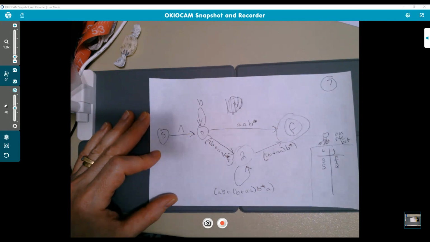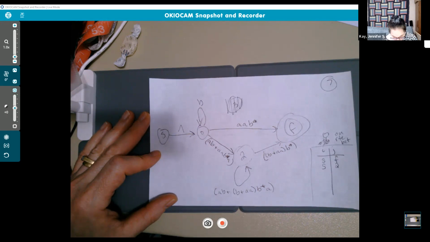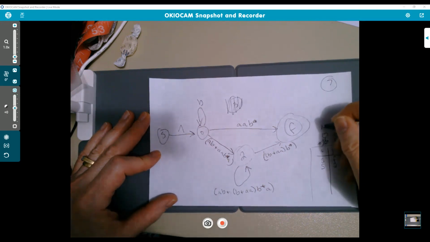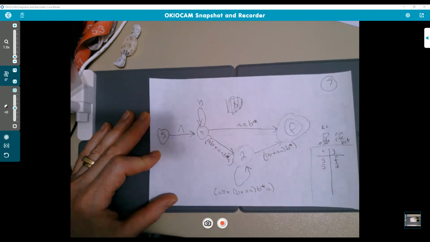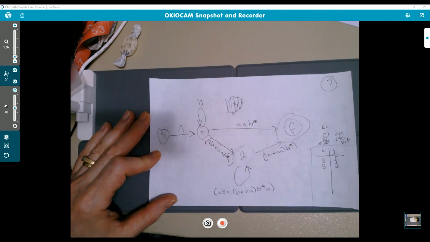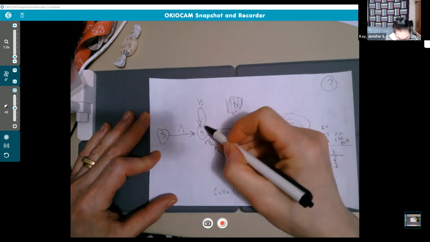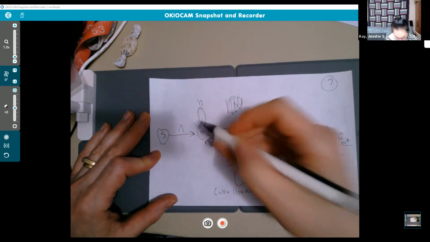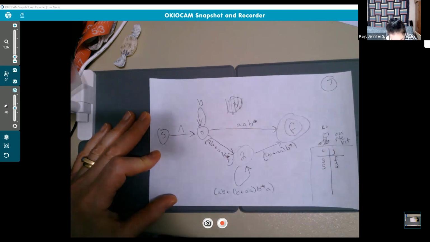Would there be more from here? Well, are there any more inputs to 0? Oh, B. That's not an input, it's 0 to 0, right? Inputs, like this, you're absolutely right. This arrow is an arrow that goes into 0, and that's what I meant by inputs.